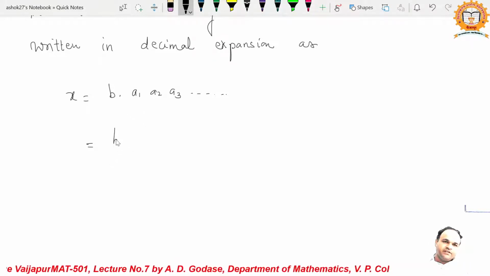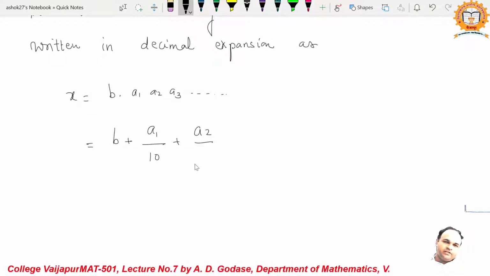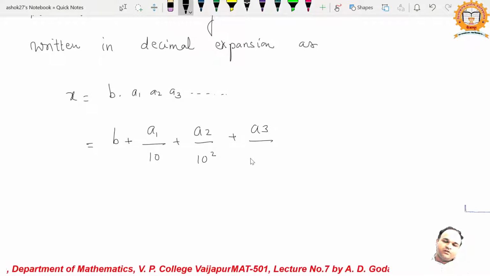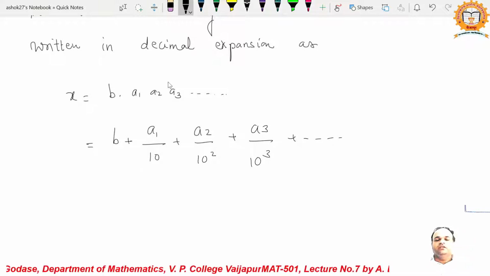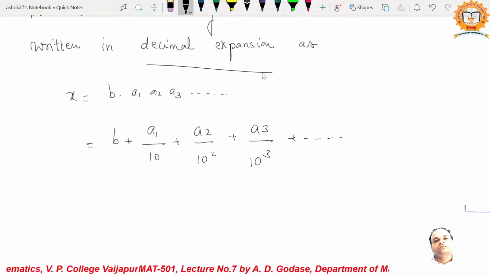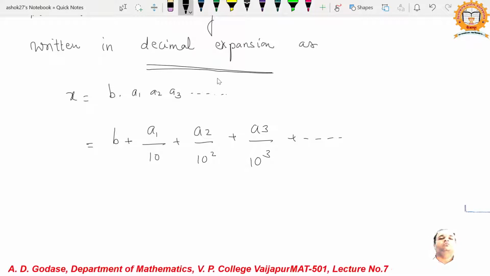I will write it as b plus a1 divided by 10 plus a2 divided by 10 square, meaning 100, plus a3 divided by 10 cube, and you can continue this. Every real number can always be written in decimal expansion.